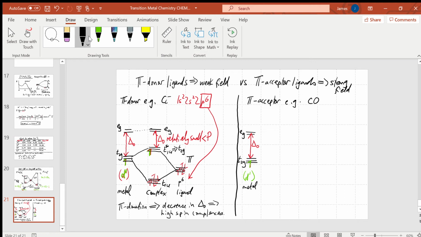We're going to have our complex in the middle, and then we're going to have our ligand over on the right. Our ligand, however, has empty pi electrons. So instead of a full pi, we have an empty pi. So we can accept into the pi, but we can't donate from the pi.